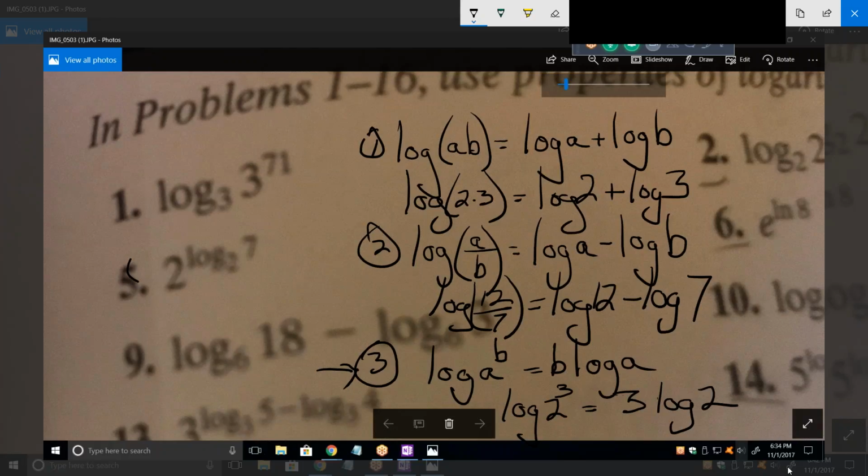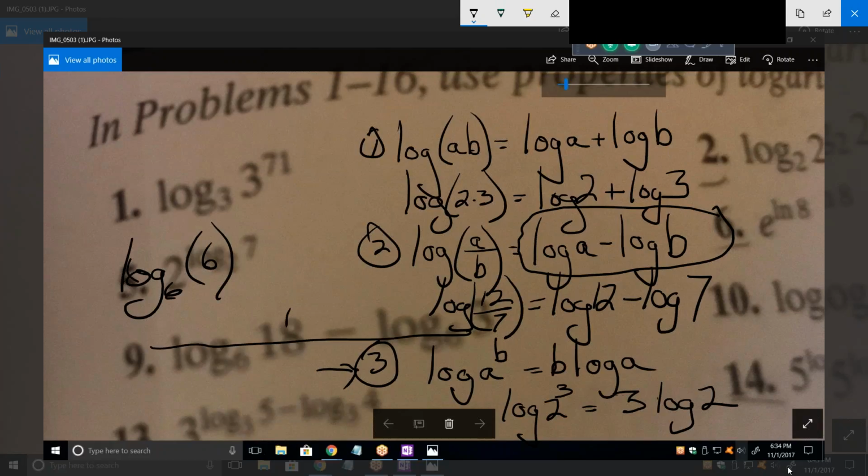They're going to ask you both ways every time they ask you about these things. Now, what they're giving you here is the right side. So put it back in the form of the left side. What do you get? Isn't it log base 6 of 18 over 3? You got it, which is the log base 6 of 6. Now, what is that? 1. So that whole thing is 1.